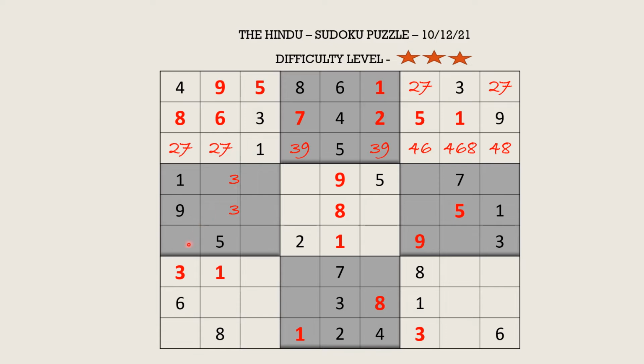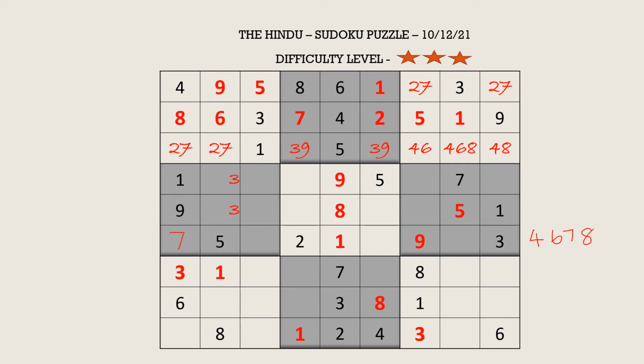If you take this row, there are 4 numbers missing. The missing numbers are 4, 6, 7 and 8. These 4 numbers are missing here. And if you take this cell here, this is covered by 4, 8 and 6. So this cell takes 7.